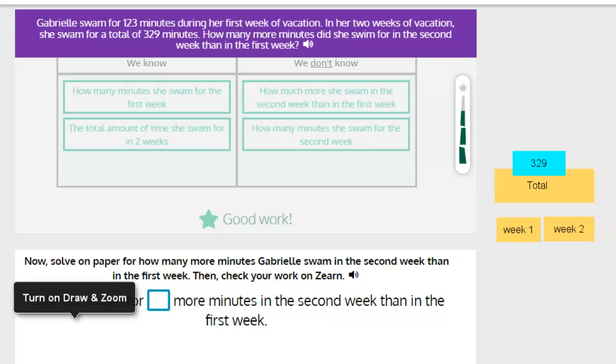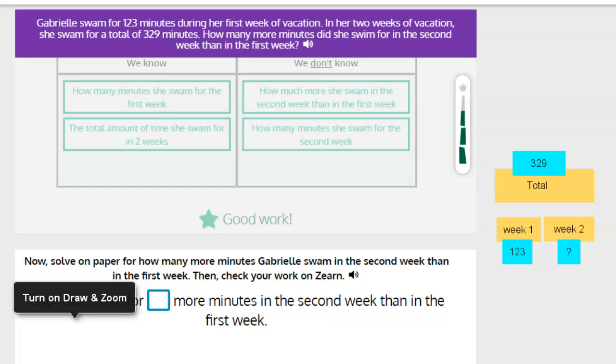What about for week 1? How many minutes did she swim for the first week? You got it. She swam 123 minutes in the first week. Do we know how many minutes she swam for the second week? No, we don't. So let's go ahead and solve.